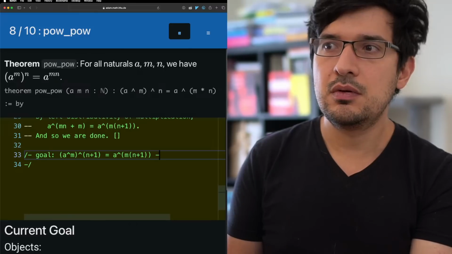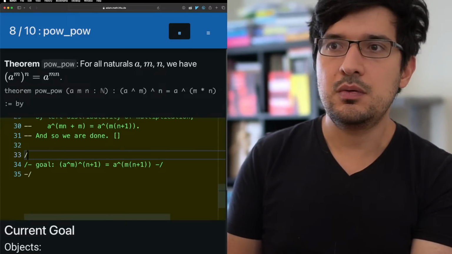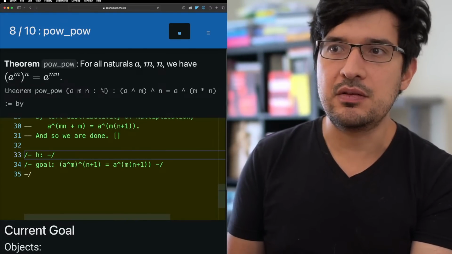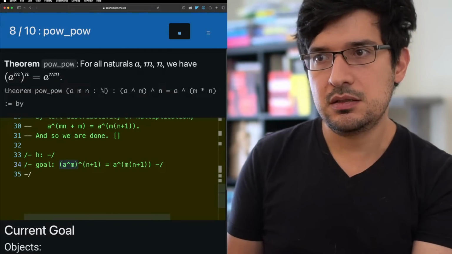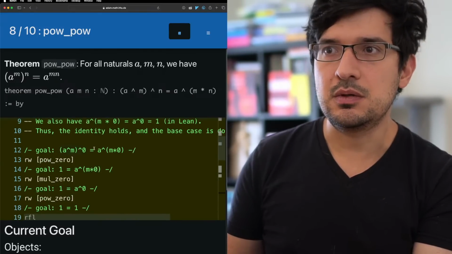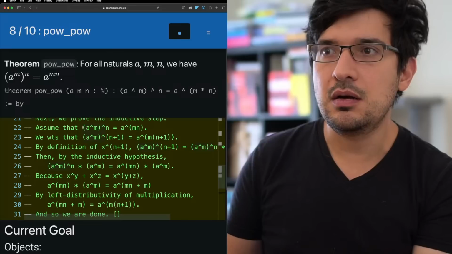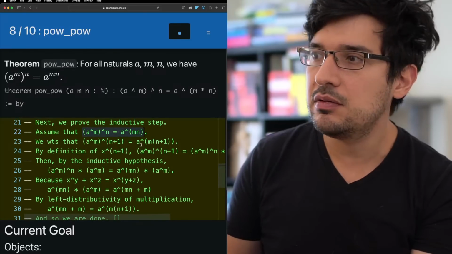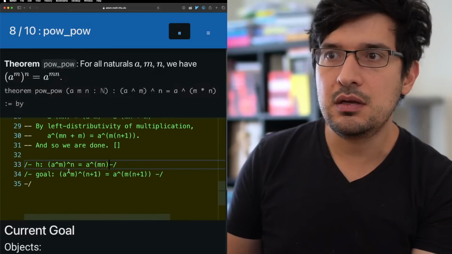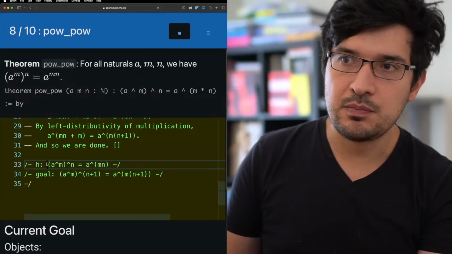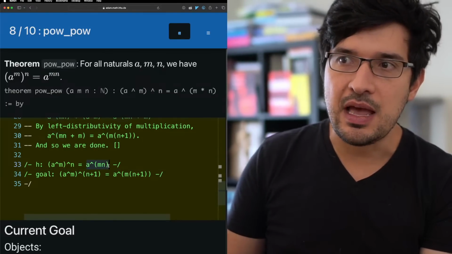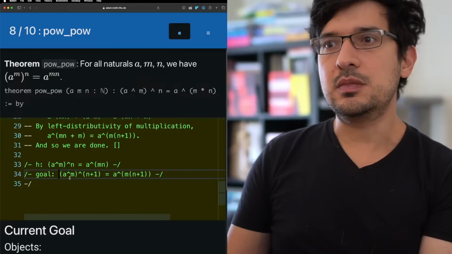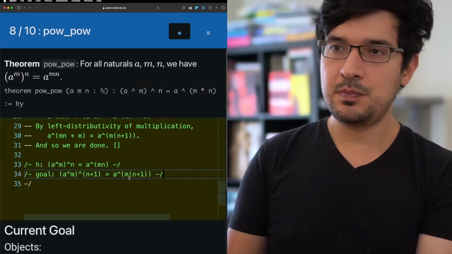And we have the hypothesis that, where is it? I wrote it here. Let's keep it. Our hypothesis is defined like this: a to the m raised to the n equals a raised to the mn. And our goal is this.